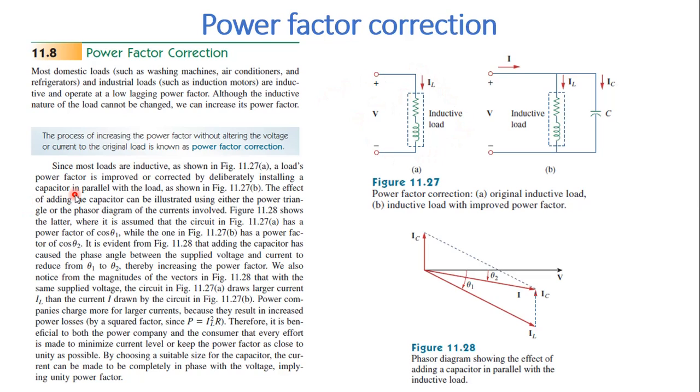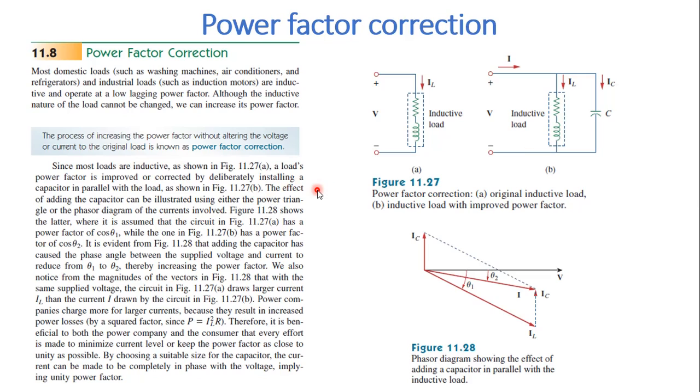Since most loads are inductive, as shown in this figure, a load's power factor is improved or corrected by deliberately installing a capacitor in parallel with the load. We add a capacitor in parallel with the inductive load such that the effects are nullified and it makes the power factor closer to 1.